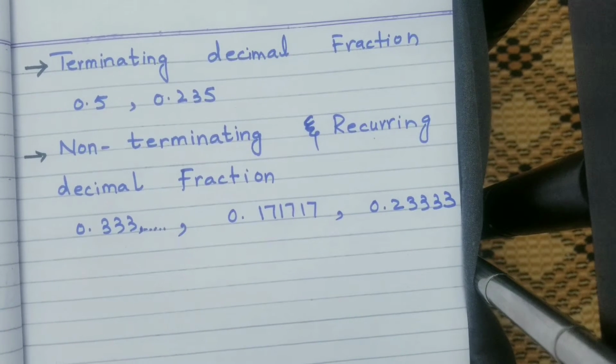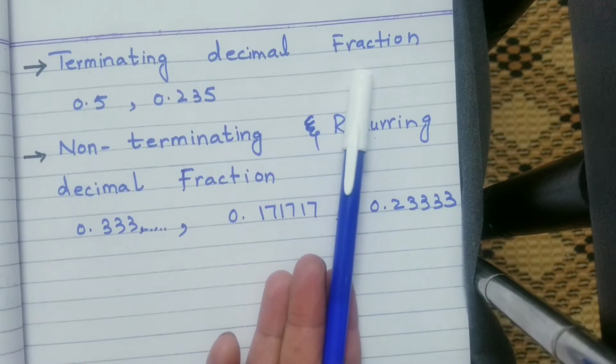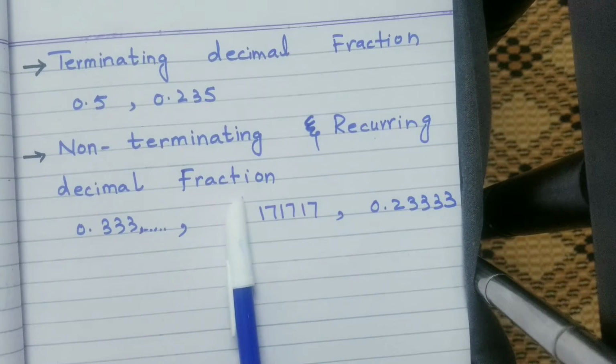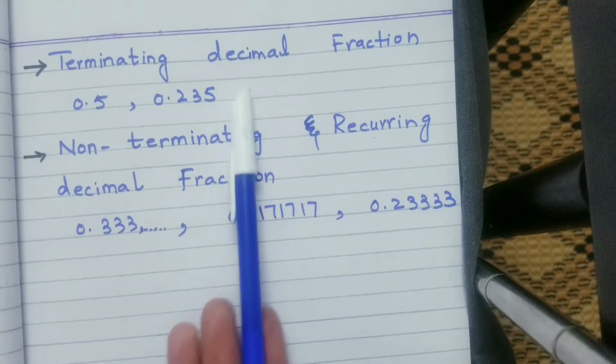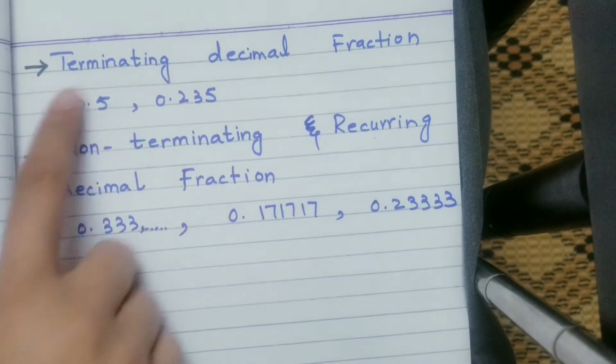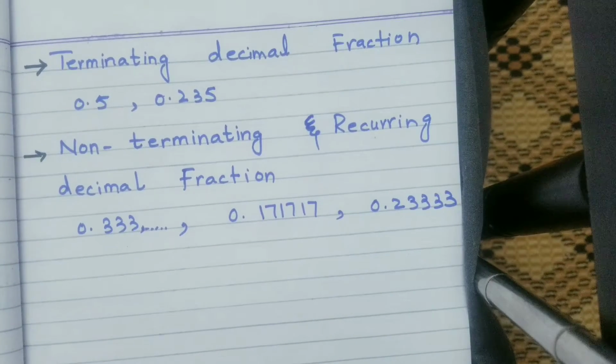Here we have another definition for rational numbers. That is, if we have a terminating decimal fraction and a non-terminating and recurring decimal fraction, then these kinds of decimal fractions are included in rational numbers.